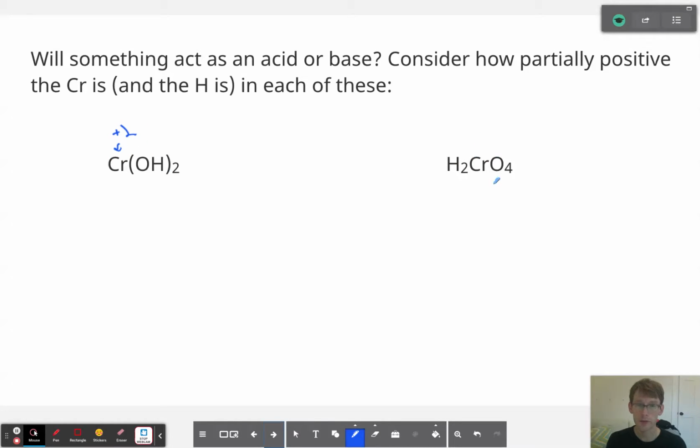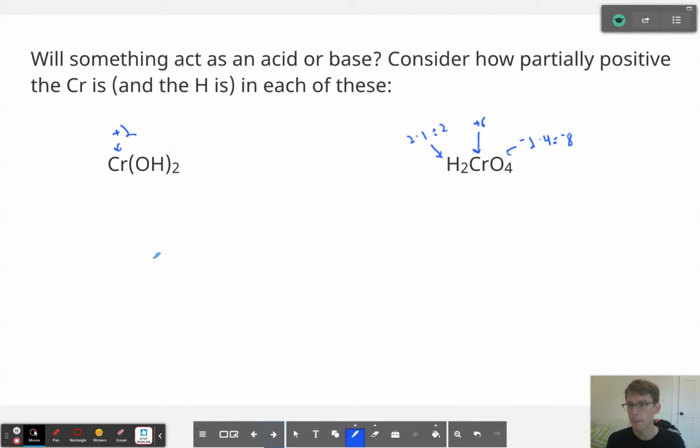By contrast, over here, I've got 4 oxygens, each is -2, so that's -8 from the oxygens. I know if this is acting as an acid, we have 2 times +1 for each hydrogen, so that's +2. And so to get us back to neutral, we've got -8 and +2. We need to have the chromium be +6. So the chromium on the right is much, much more positive than the chromium on the left.